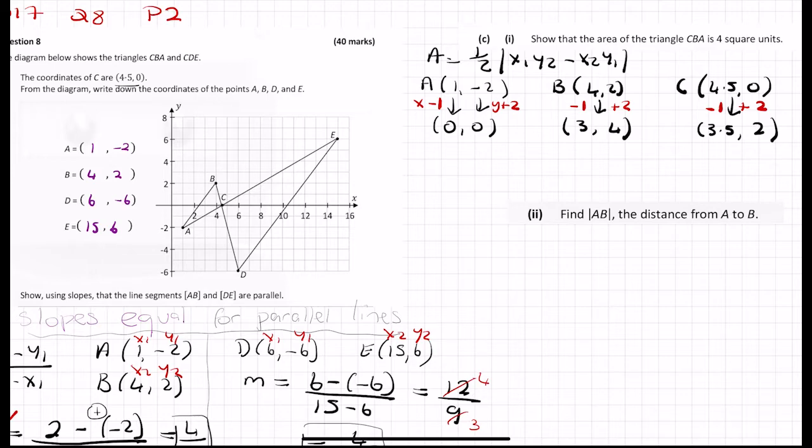Okay, and let's label these x1, y1, that's my first point, and x2, y2, my second point. So that area now becomes a half of x1 by y2 minus x2 by y1.